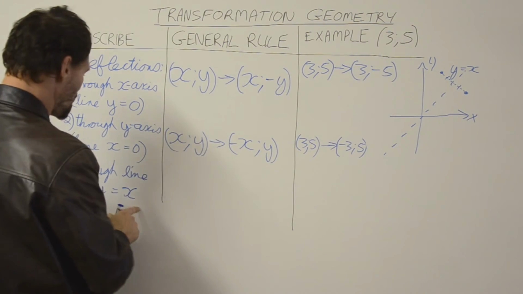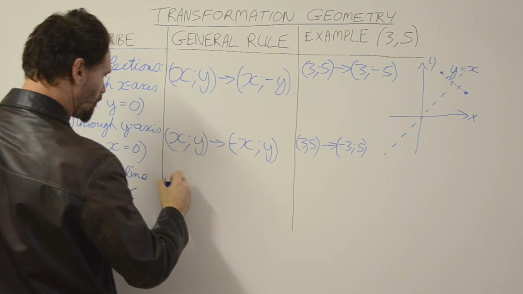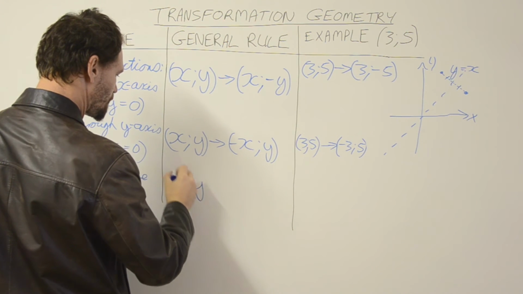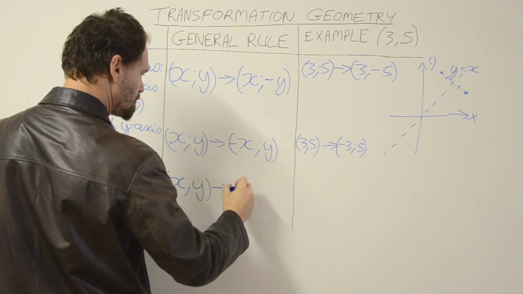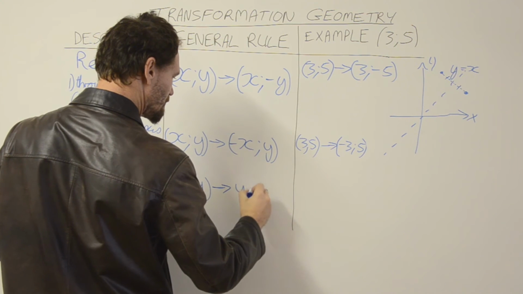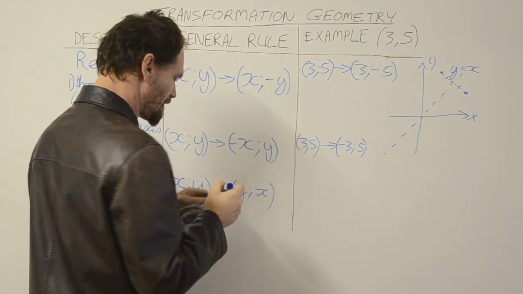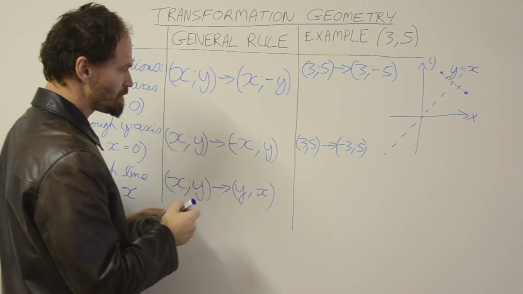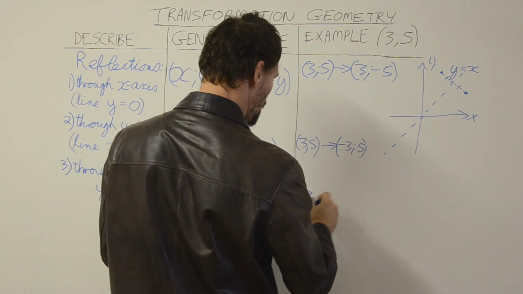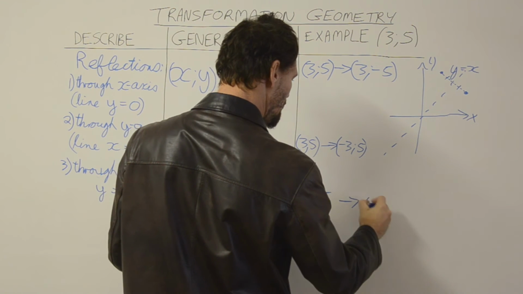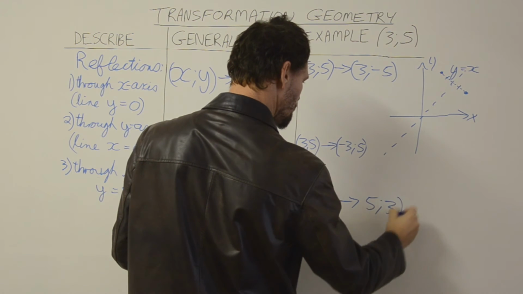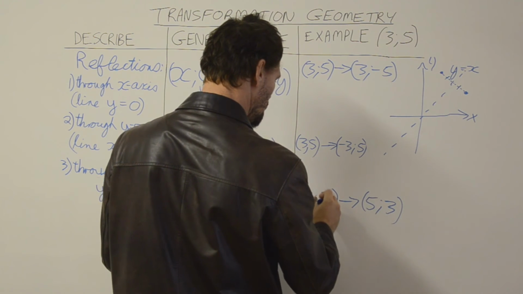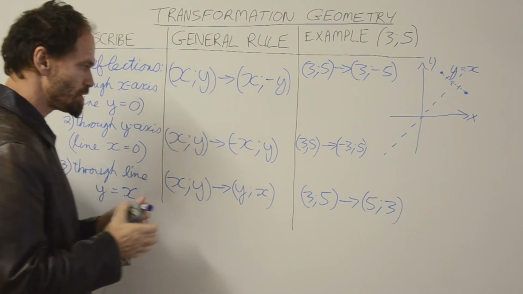So the rule is that x, y becomes the point y, x. That's my reflection. Very simple. And then my 3, 5 point becomes a 5, 3 point. That's my input output.